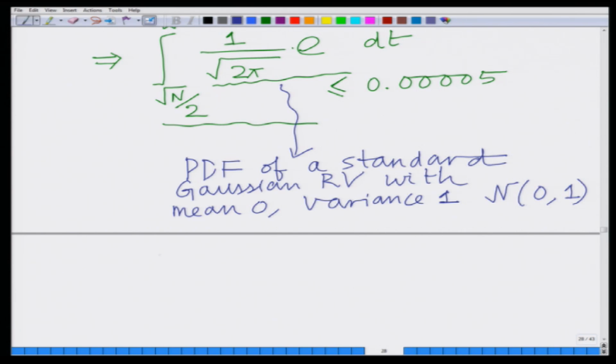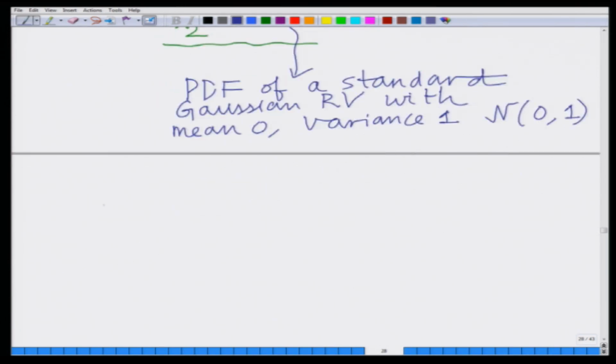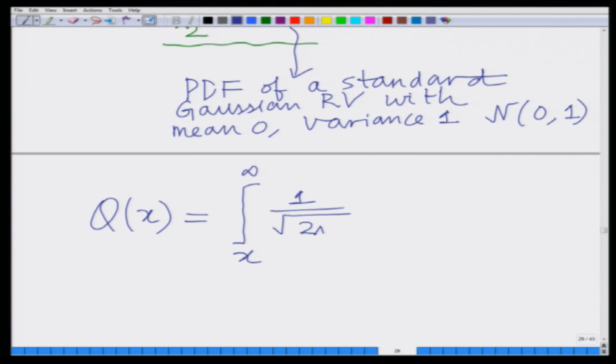Therefore, this integral has a standard definition. It is known as Q of x. Q of x is defined as the Gaussian Q function, which is the integral from x to infinity of 1 over square root of 2 pi e raised to minus t square by 2 dt.